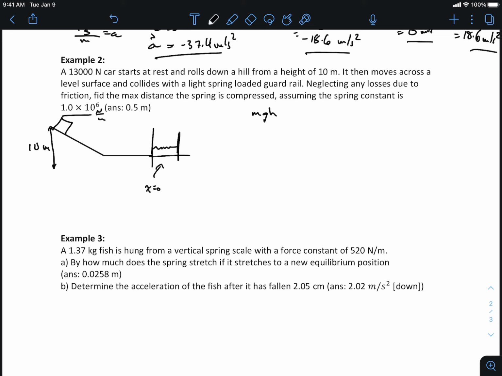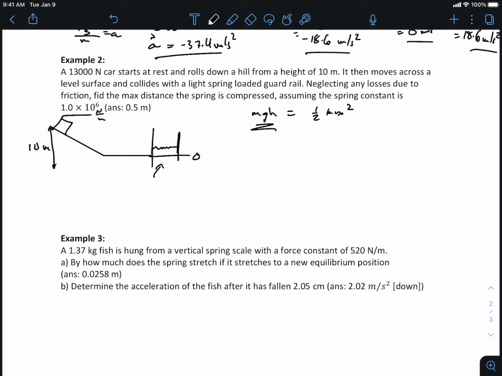We let the car go. It rolls down the hill and makes contact with the spring. Now we'll call the ground 0. Afterwards, the only energy in the system is going to be in the spring, half kx squared, because there's no potential since the car is now on the ground.